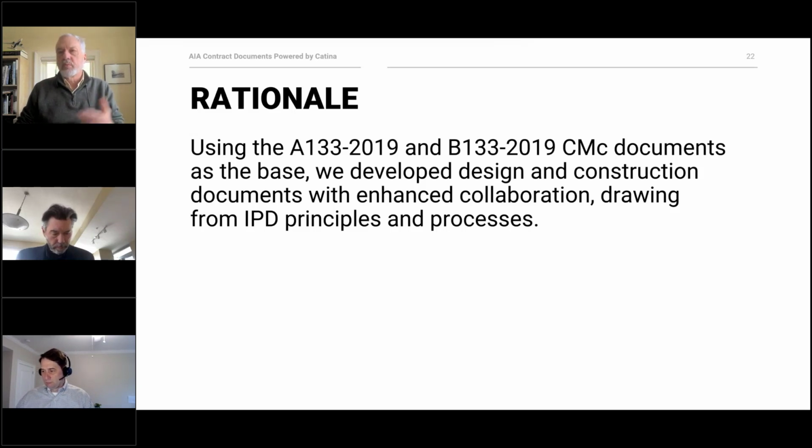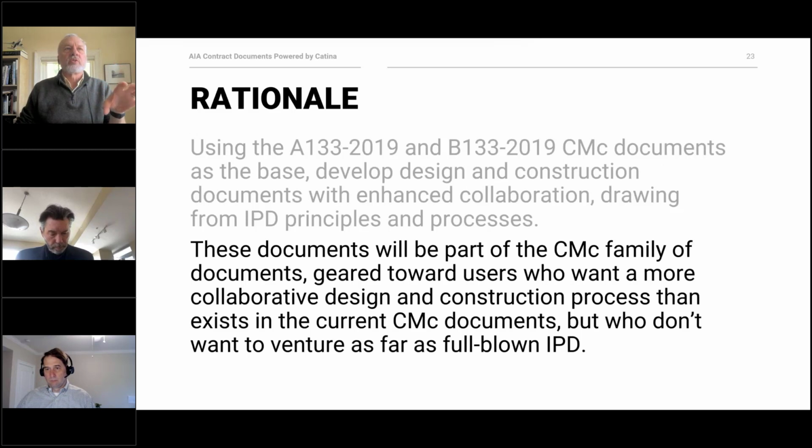How can we continue building on that? So the documents are geared toward those who want to use CMC documents and really be engaged in it. It probably isn't for everybody, but it does have some of the basic IPD principles, such as waiver of claims and target costs and things like that. So there are things in here that are built in.